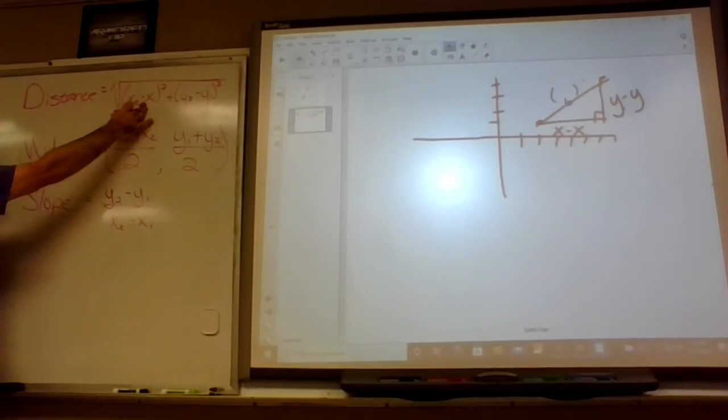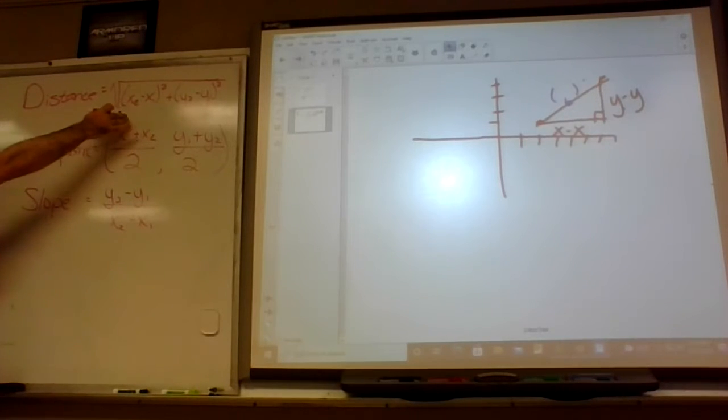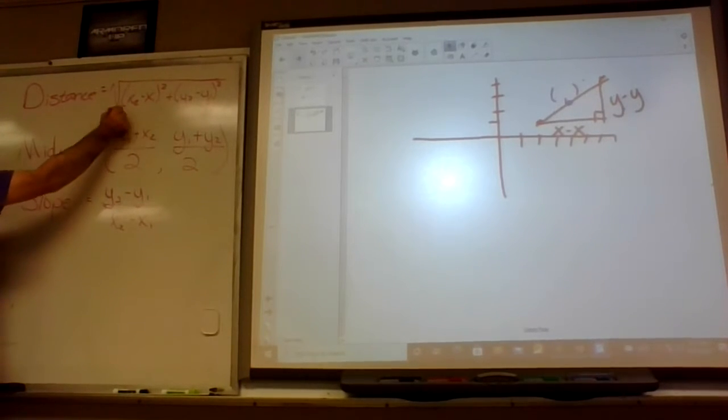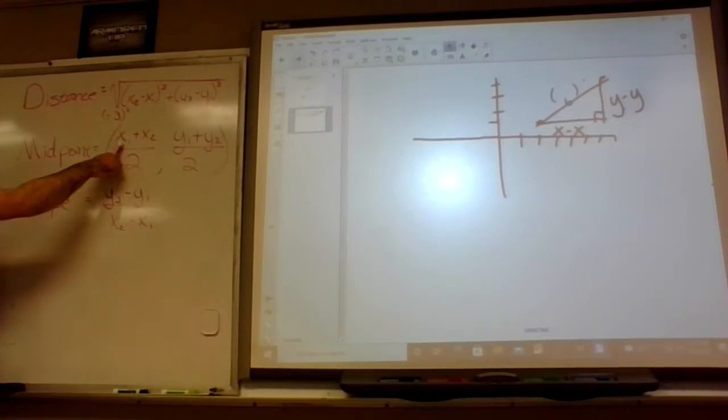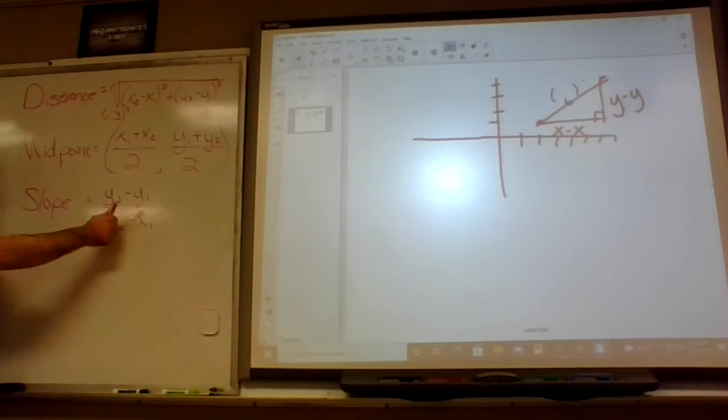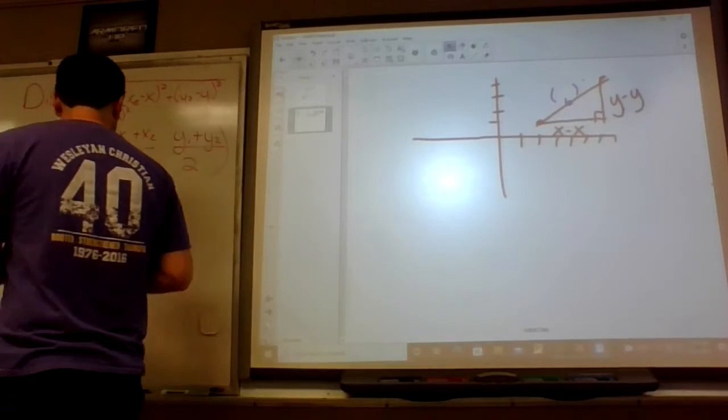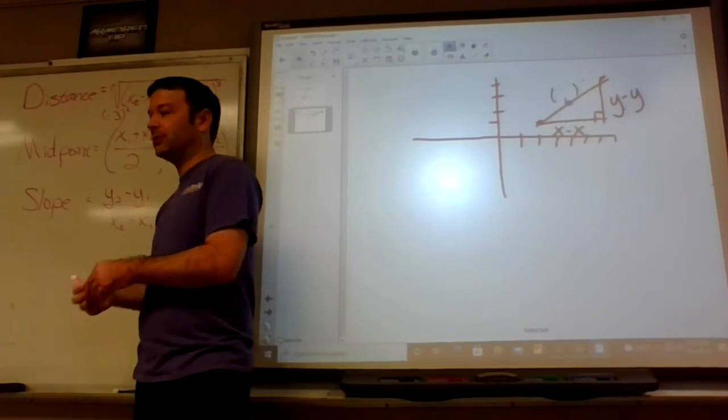What happens when I square 3? 9. What happens when I square negative 3? It's also 9, right? So the order doesn't really matter on that one. Does the order of addition matter? No. How about this one? I'll come back to that question in a little bit.